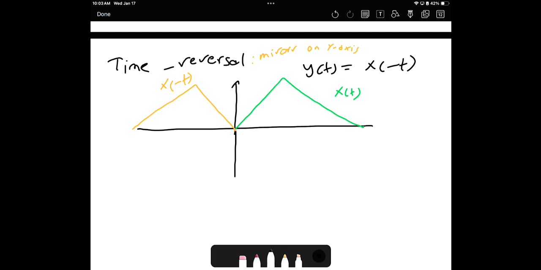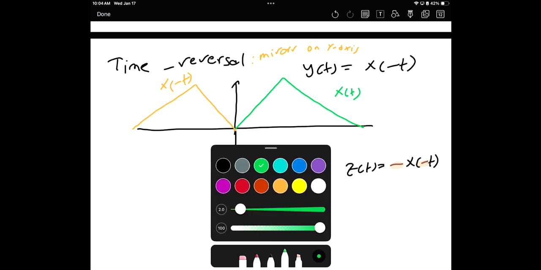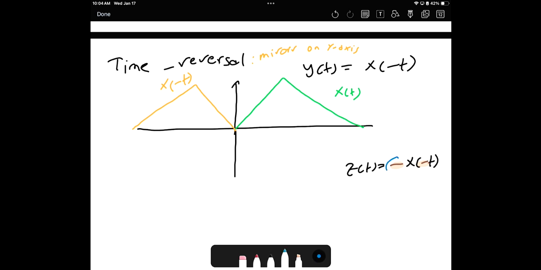How about if I say z of t equals negative x of negative t? Now we are not only having a time reversal, we have also a magnitude reversal. So whenever we have a magnitude reversal, you will flip on t-axis. Because of this negative sign, you will do a mirror on t-axis.